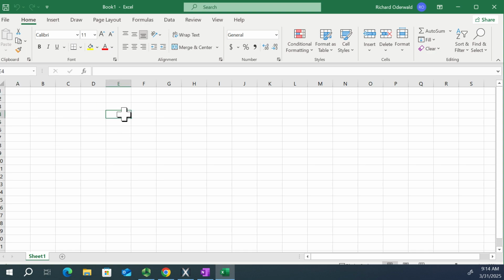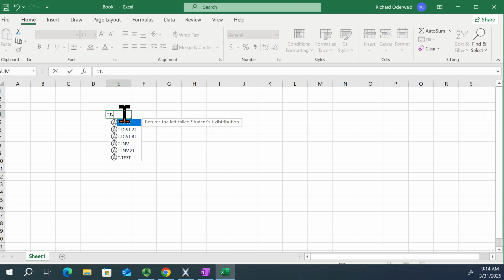And this is the usual t command, equals T.INV. The probability that we're going to look up is either 0.025 or 0.975, the other end.